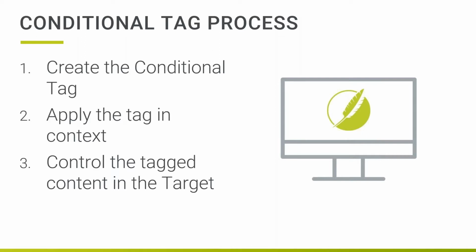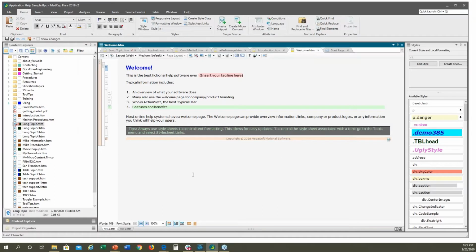All right, so with those basics behind us, let's go ahead and get rid of the slides and we'll jump into our live editor here. And so I've got my sample Flare project up and running. And the three steps, if you want to create a new conditional marker, well, again, if you're new to the Flare interface, there are two different navigation panels.